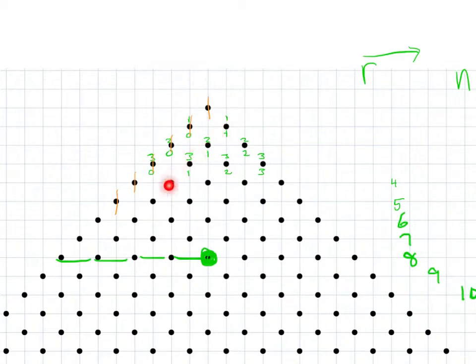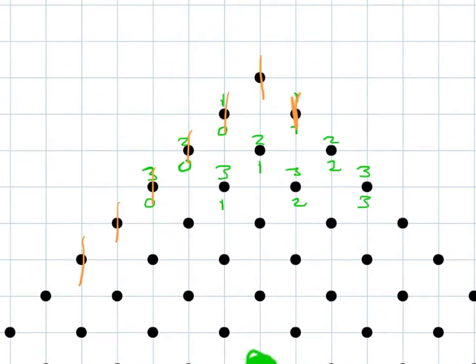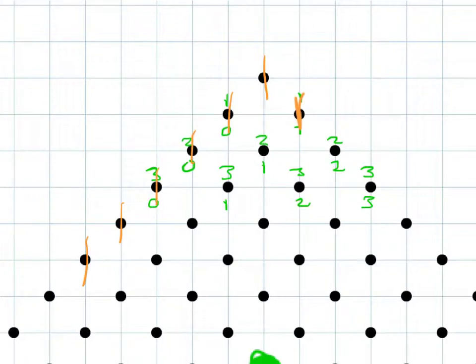That's what these numbers are. So I'll do it a different way. This is 1, right? And then 1 plus 1 is 2. 1 plus 2 is 3. 1 plus 3 is 4. 1 plus 4 is 5. 1 plus 5 is 6. 7, 8, 9. Right? 6 choose 1.